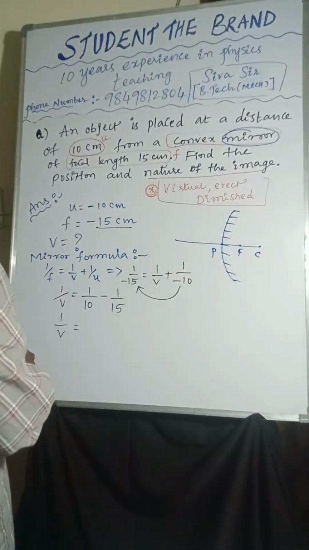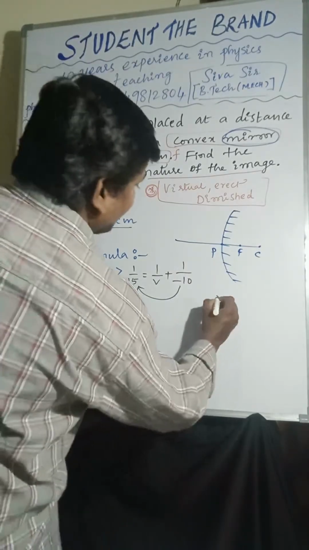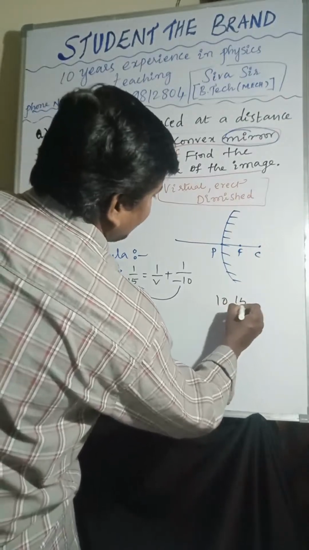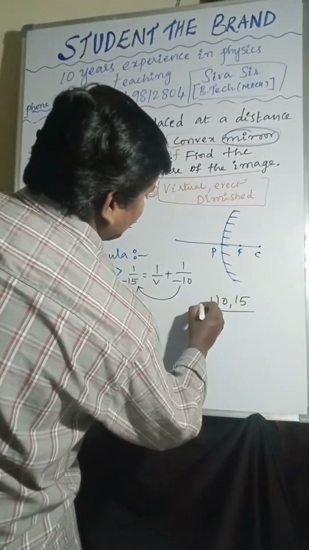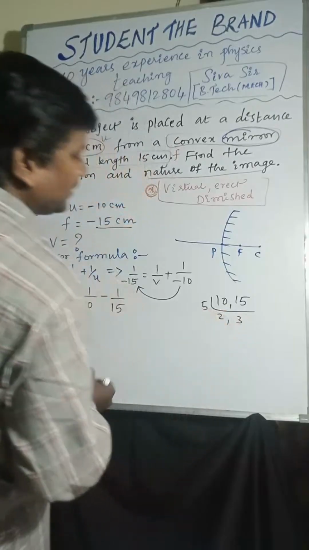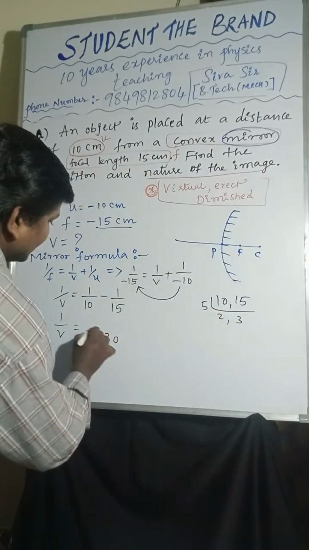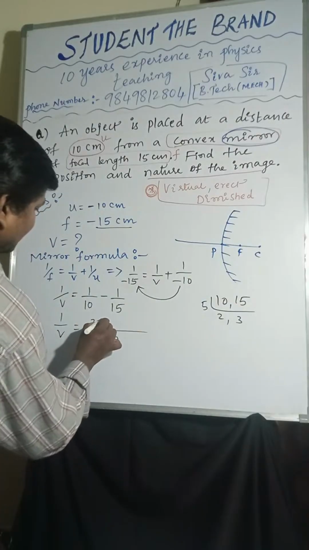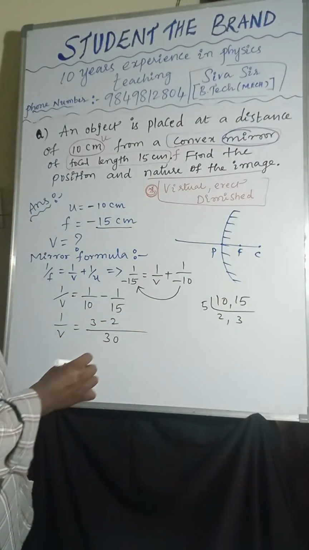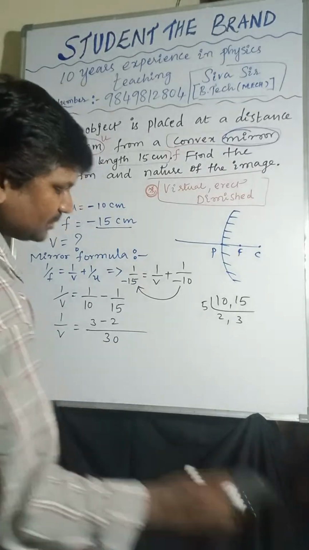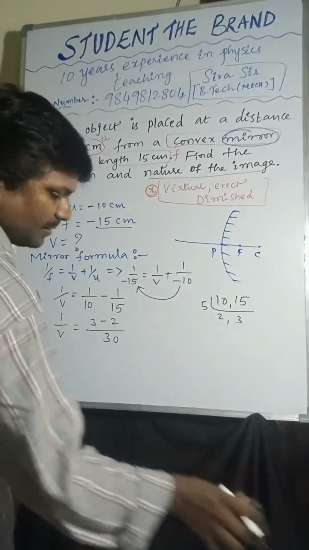How much can we take as the LCM? If you want to find the LCM, you can take 5 2s are 10, 5 3s are 15. So 30 is the LCM. So 3 minus 2.